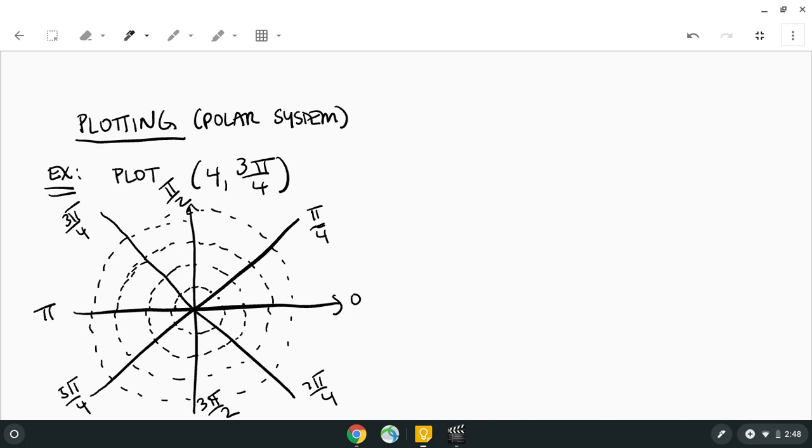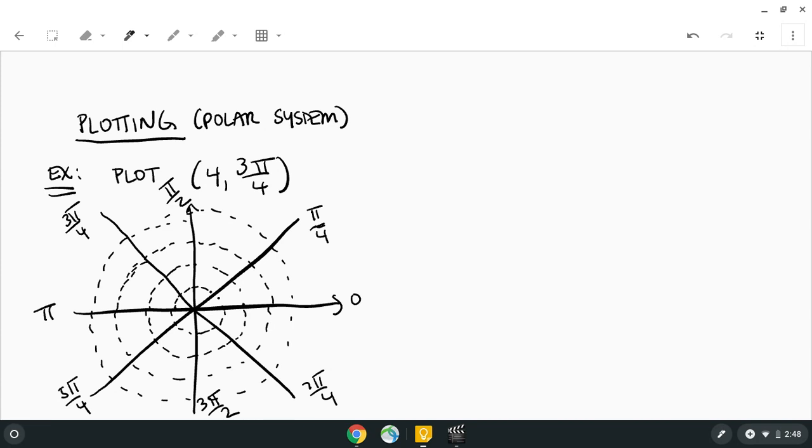Okay. All right, so we need to stand in the center of the circle and turn and face 3 pi over 4. So we turn ourselves, we face 3 pi over 4, and our radius is positive 4, so we will march forward along 3 pi over 4. March forward instead of backwards. Negative 4 would make us march backwards.